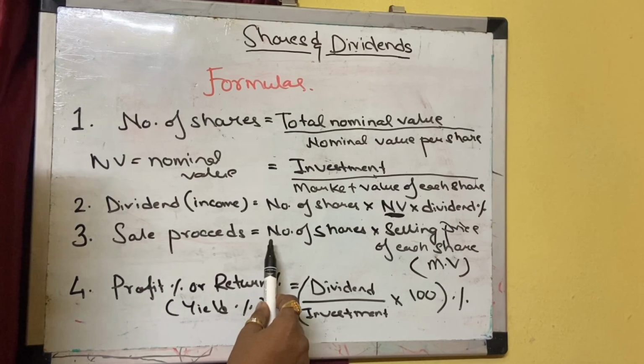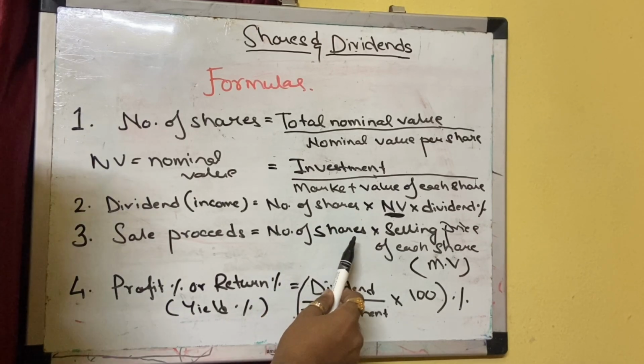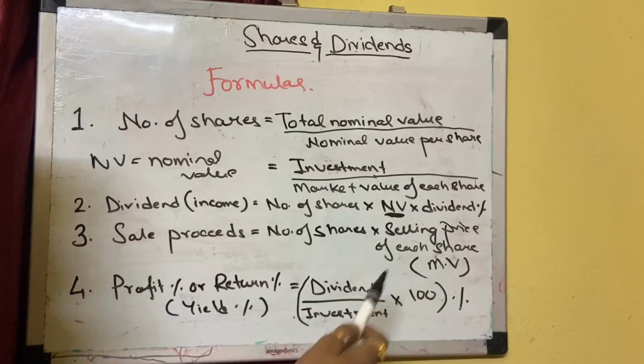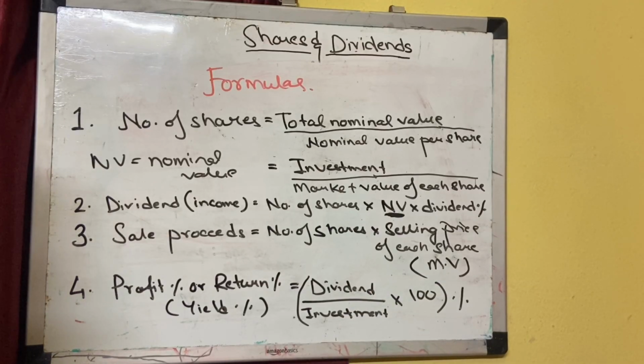So in that case, the number of shares that I want to sell will be 30 into the market value of each share at that moment. So in that case, I will have the sale proceeds. If it is asked in the question that you have to find the sale proceeds, in that case we need to apply this formula.